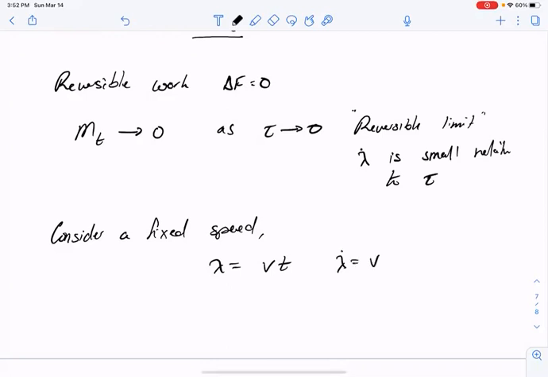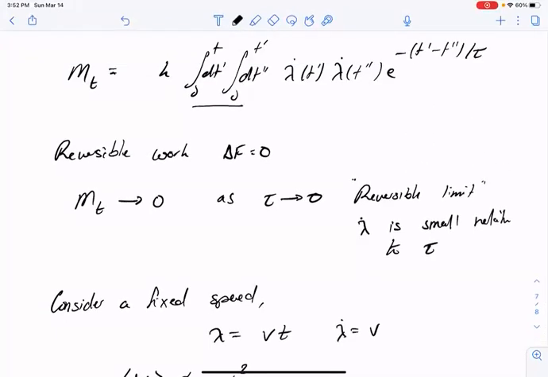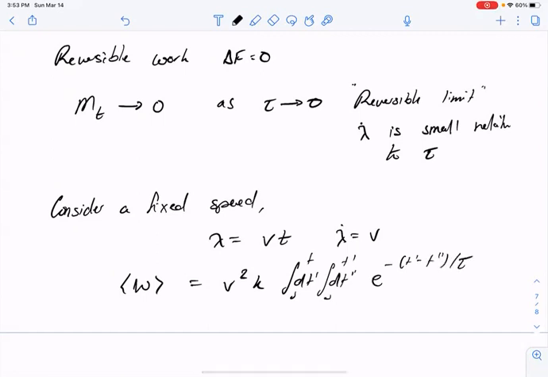That's lambda dot is just v. Then the mean value of the work is going to be proportional to v squared. I put two functions of v within this integral, I'll have a v squared, I'll have a k. And if I wanted to write it out exactly, like so.